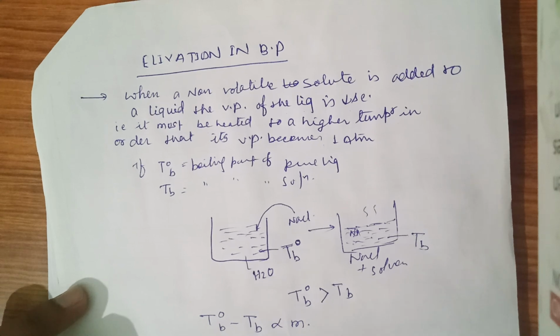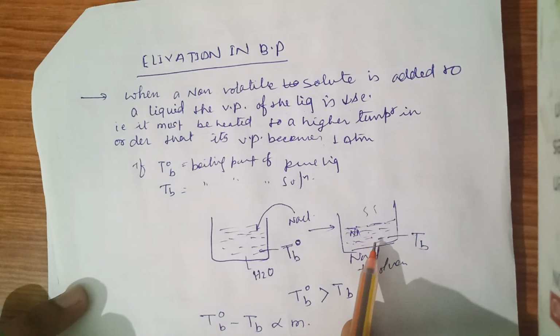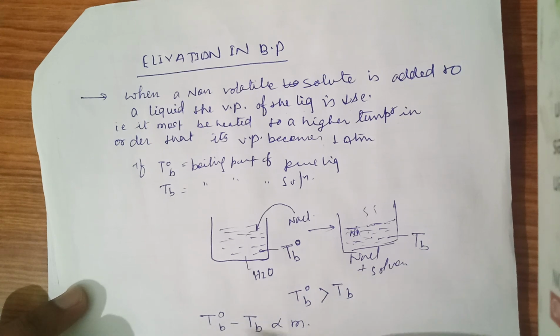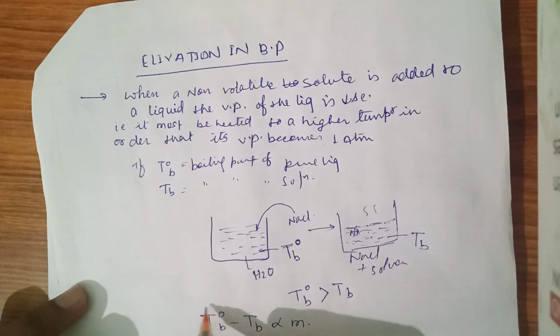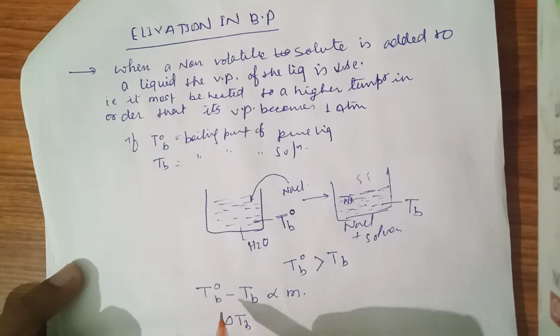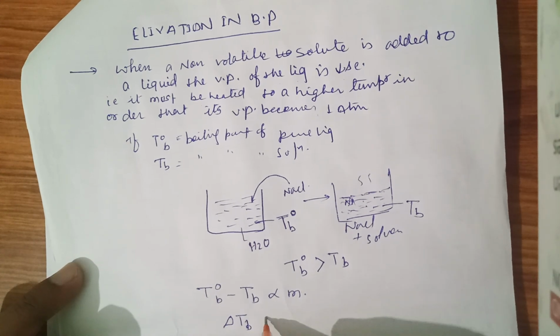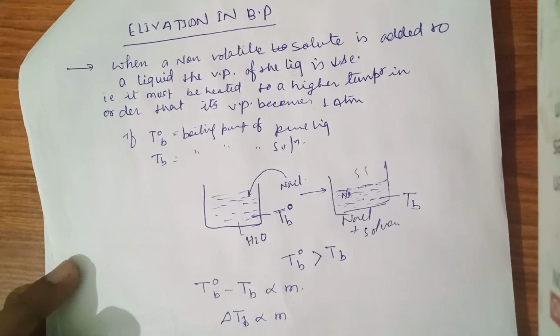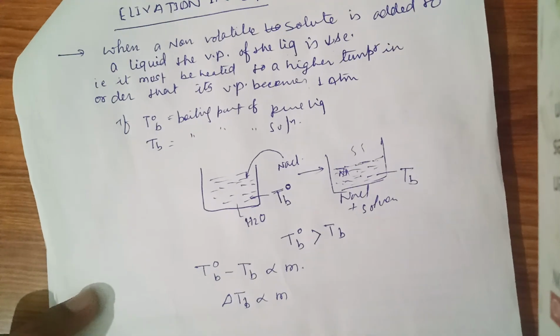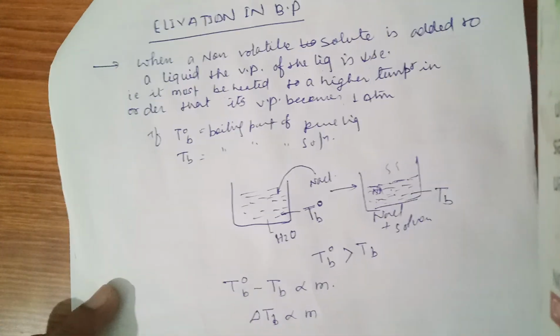That means the more particles of solute you add to this solvent, the more there will be elevation in boiling point. So we can say delta TB. For these two terms, delta TB is used, and which is directly proportional to molality.